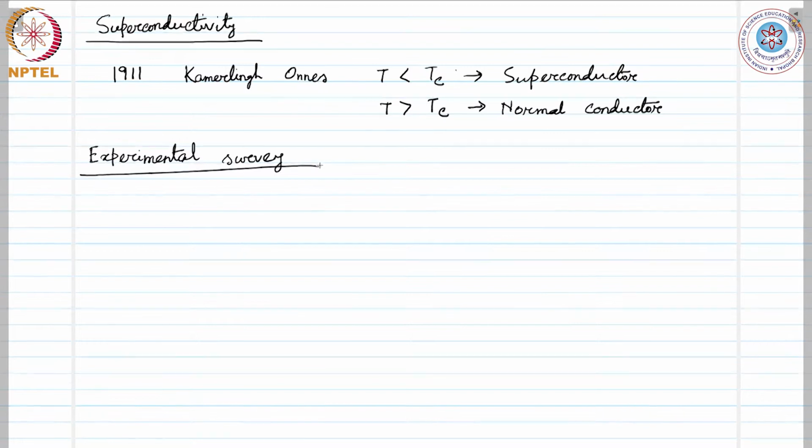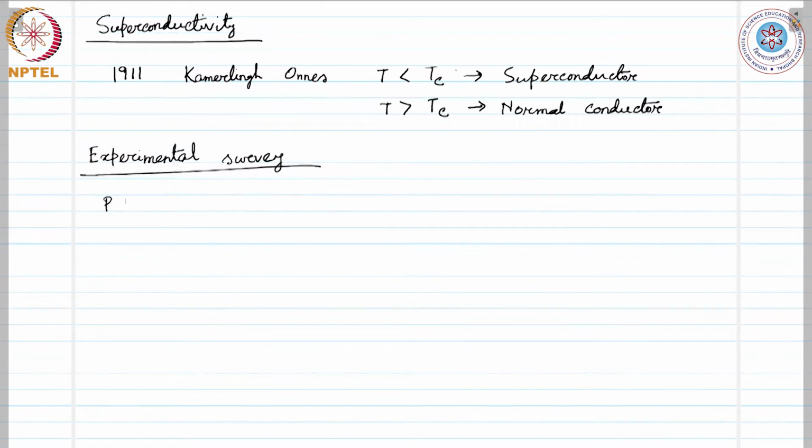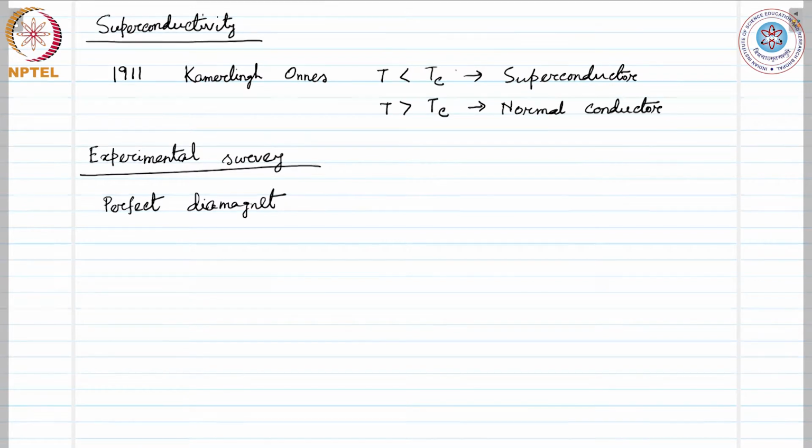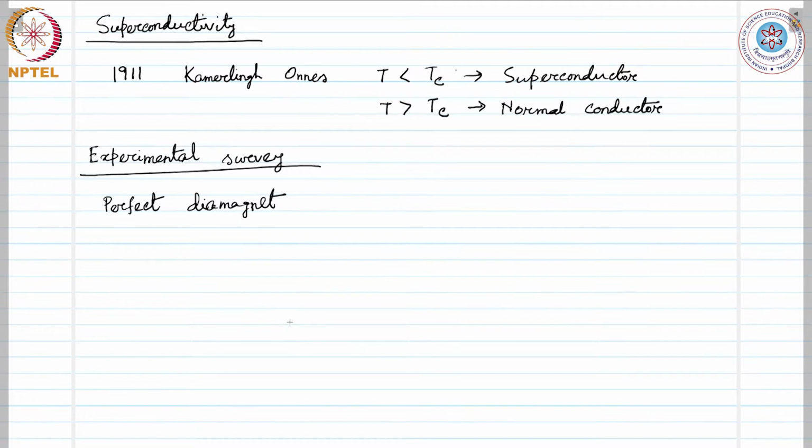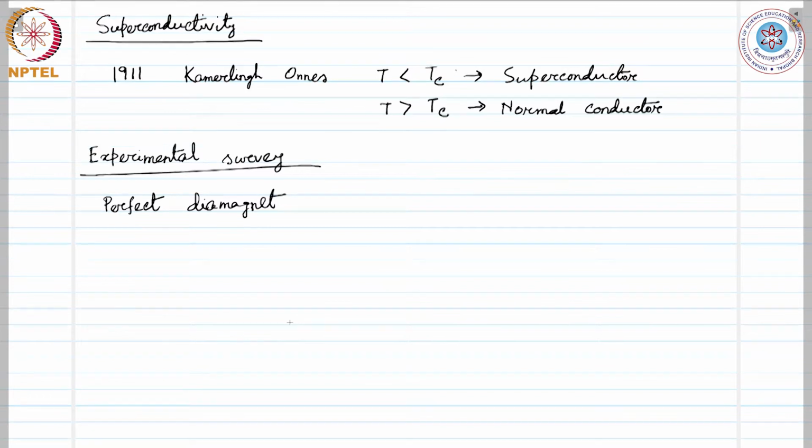A bulk superconductor in a weak magnetic field acts as a perfect diamagnet. What do we mean by perfect diamagnet? That means whatever magnetic field is applied, nothing enters the material in its superconducting state. So the interior has no magnetic field, no magnetic induction in the interior of a superconductor.